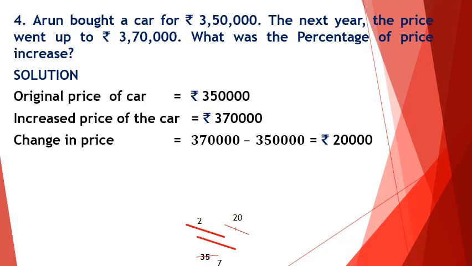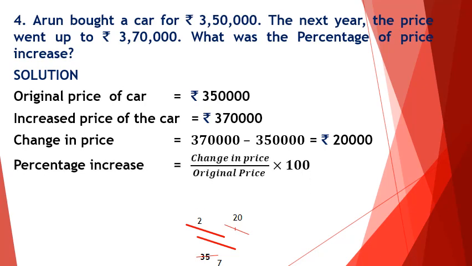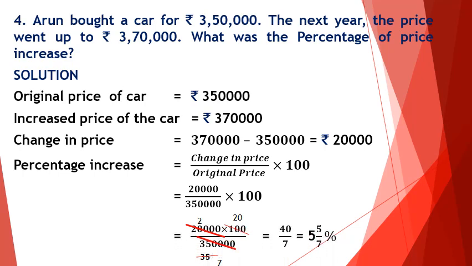Now we have to find the percentage increase. Do you remember the formula for percentage increase? Yes, change in price upon original price multiplied by 100. Now substitute the value. What is change in price? Rupees 20,000 upon original price of the car 3,50,000 multiplied by 100. You can cancel 20,000 and 3,50,000. So you get 2 upon 35.